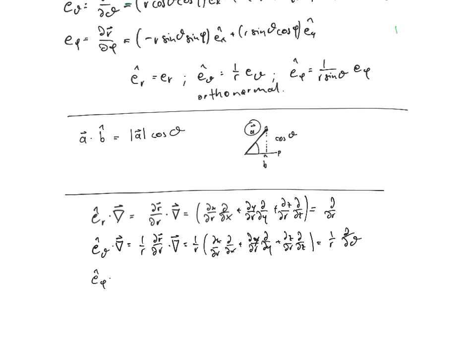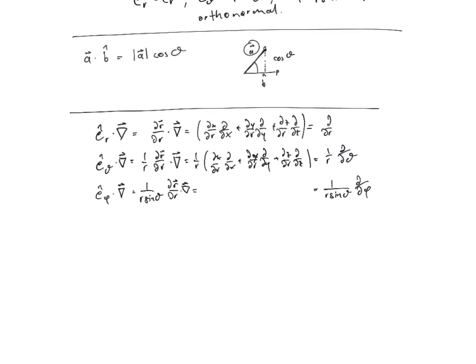If we take the scalar product between the unit vector in the phi direction and nabla, so we project the gradient operator onto the phi direction, this is 1 over r sine theta, dr nabla. I don't have to do this in detail because it's exactly the same procedure. I get 1 over r sine theta, d over d phi.